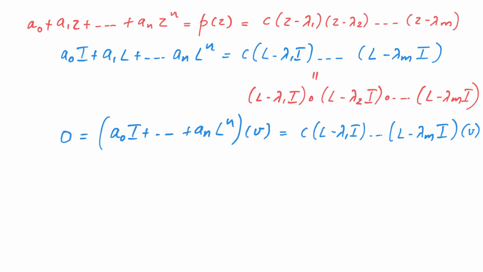In other words, the composition of these maps is not an injective function, which implies that at least one of these functions cannot be injective, which implies L minus lambda i I is not injective for some i.